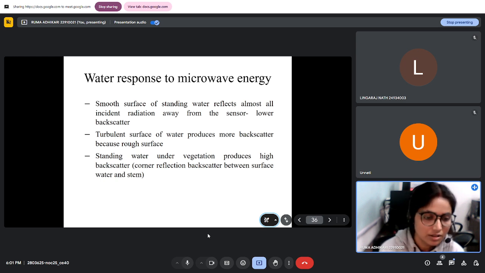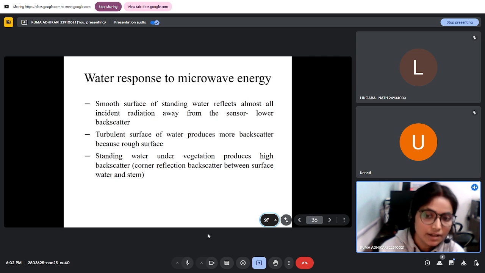So now the water, because of the smooth surface, was showing specular reflection. Now it has some roughness because of the wind, because of the waves. So now it will act a little rough compared to smooth water.